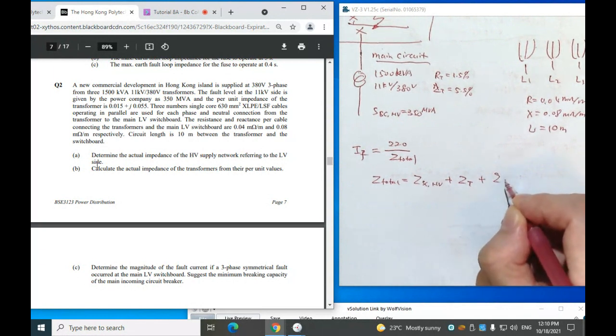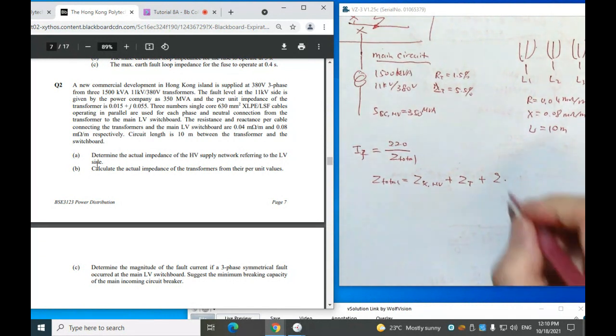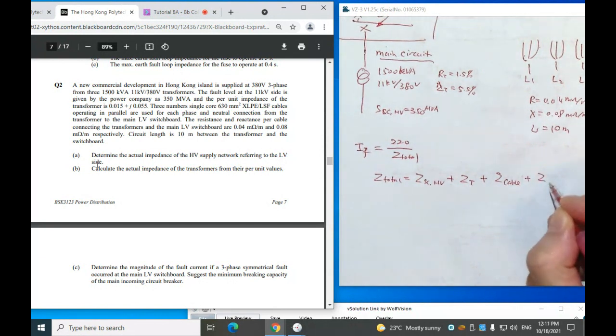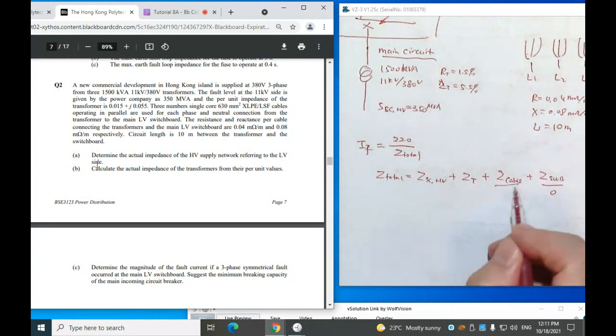In this case we have another thing, the cables. For the switchboard you just let it be 0, because nothing is given here. But the cables we have to include, because these are 10-meter single core cables, so their impedance should be included.